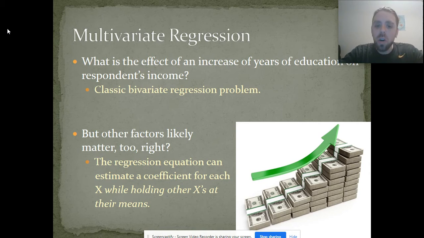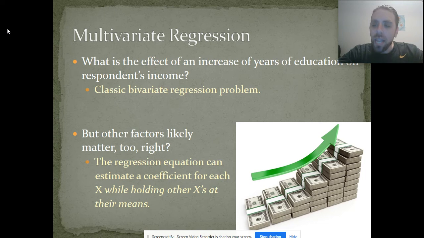So the regression equation will estimate the effect for each x while holding all other x's at their means. That's the process of partitioning variance. So put another way, let's say I have 3 variables here, the dependent variable of respondents' income and then the 2 independent variables of years of education and sex, right? Just to stick with the example here.